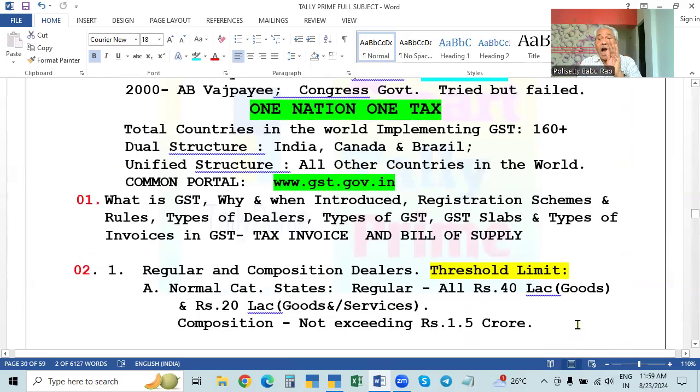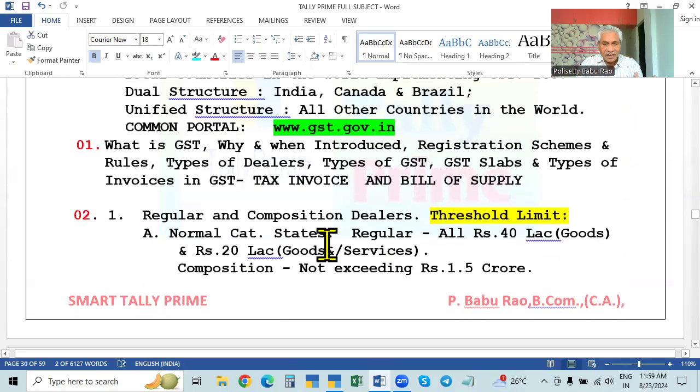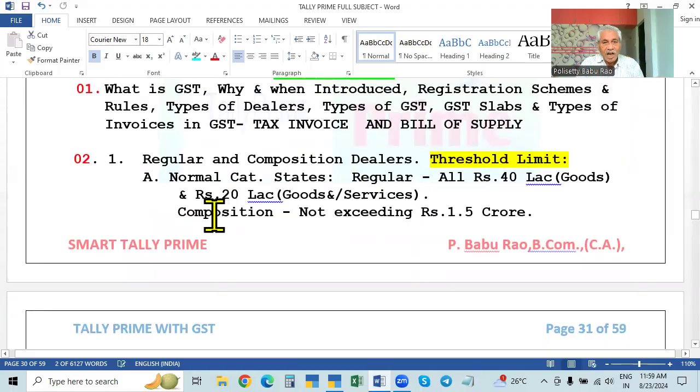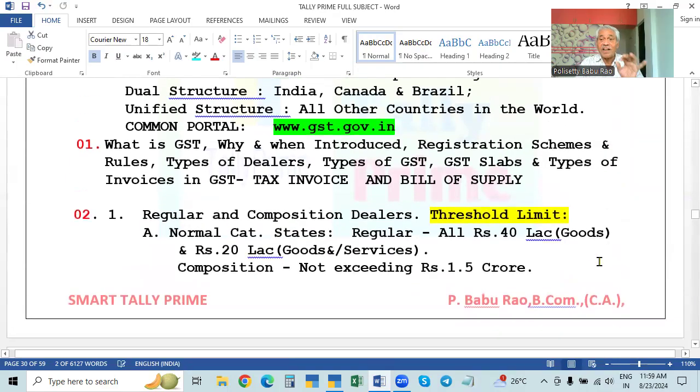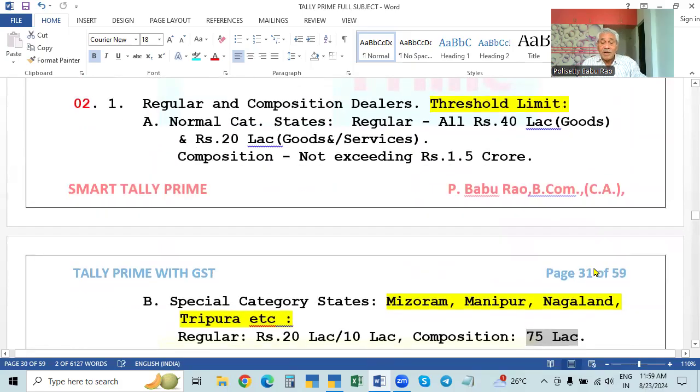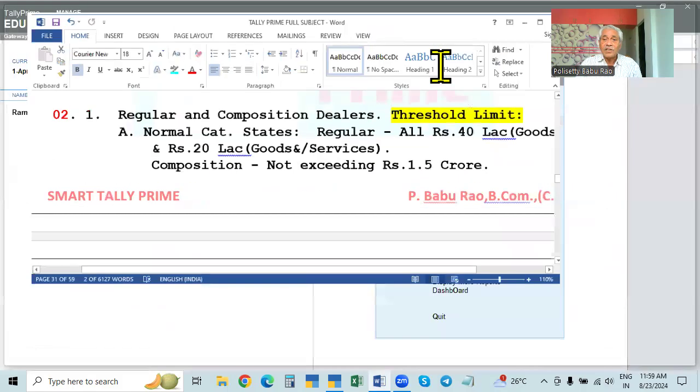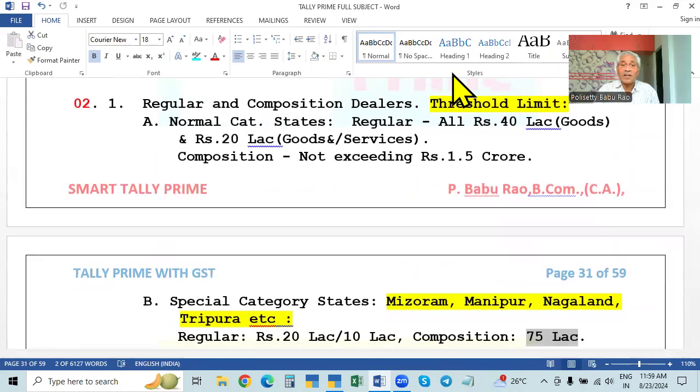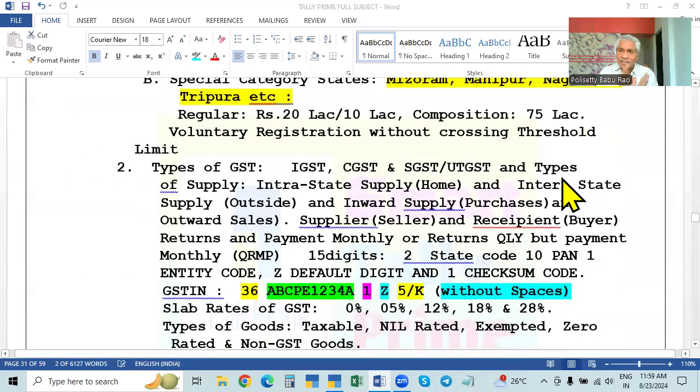Then they are called unregistered persons. If they register, either as regular dealers or composition dealers, they are called registered persons. They are registered under the Act. So this is registered and unregistered. In the registered, there are regular and composition.